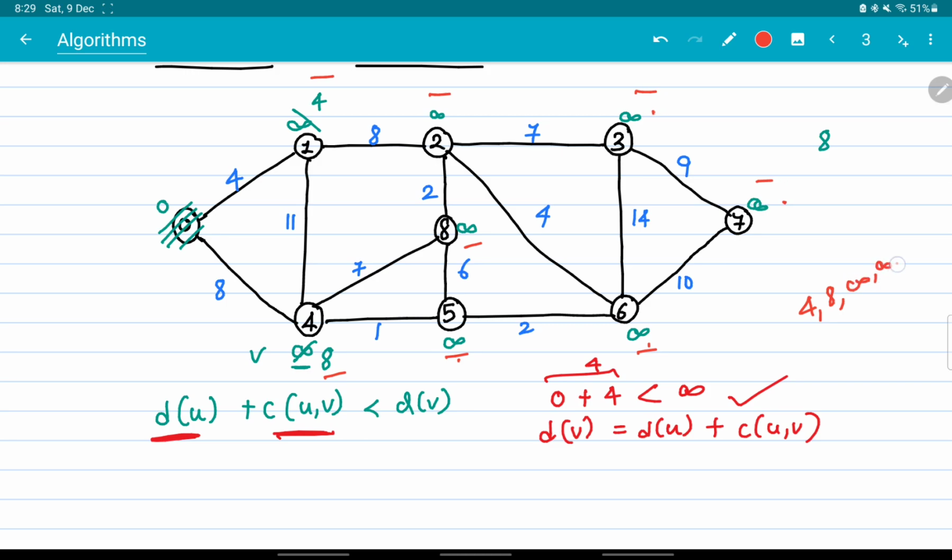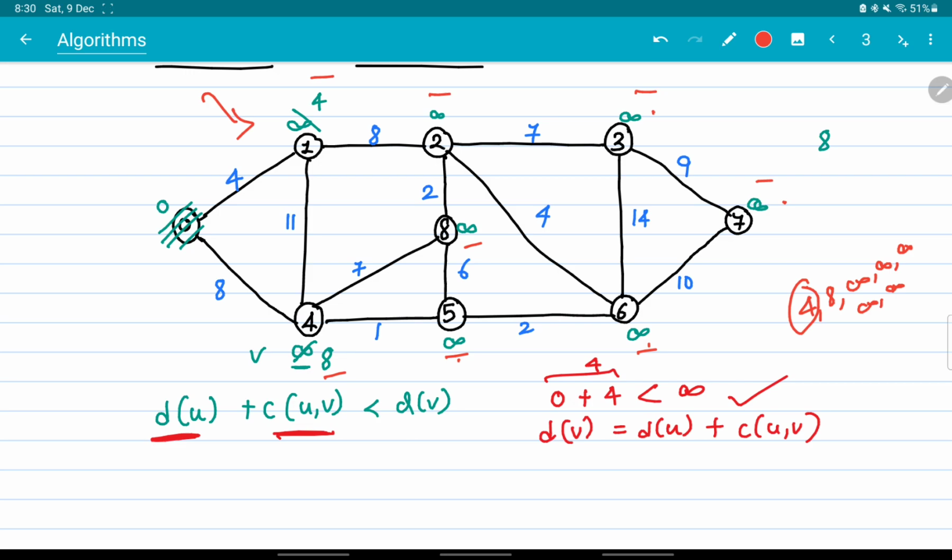Out of these distances of the leftover vertices which are not visited, you have to compare these distance values and find the one which is the minimum. So the minimum value in this is 4, right? Minimum value is 4. So 4 is the distance of which vertex? It is the distance of vertex 1.